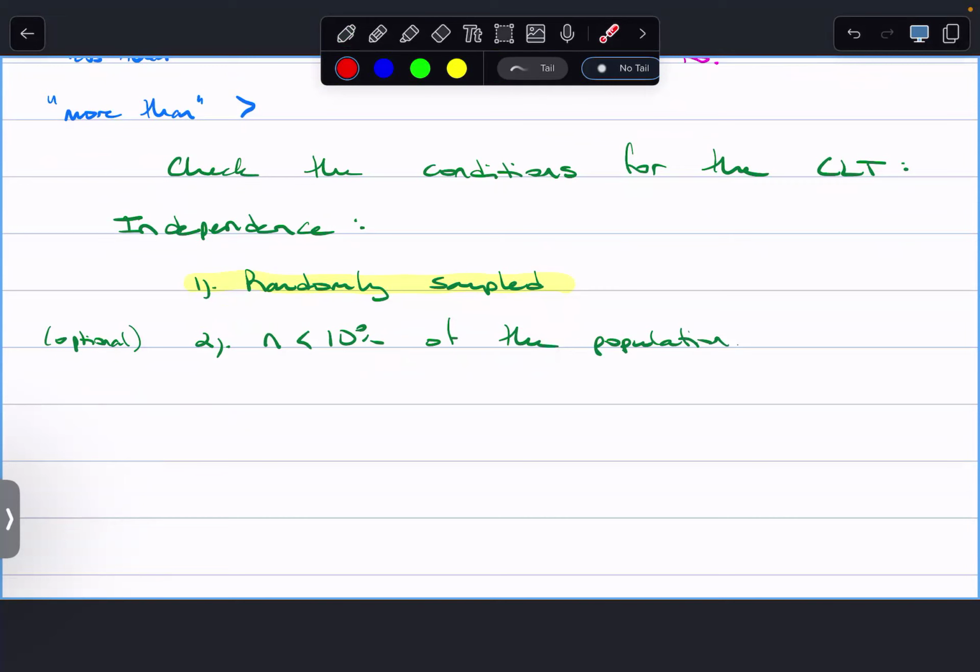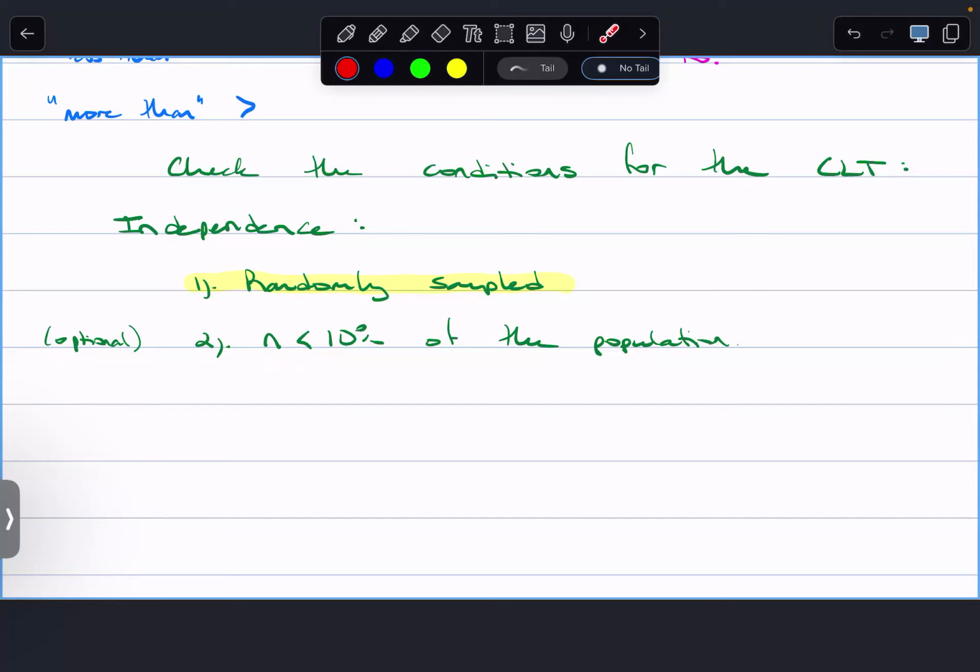I don't know, but I imagine that there would be. And so what you want to be careful about is that you don't sample too much of the population, which is counterintuitive, because we know large samples are good. But if we've sampled more than 10% of the population, then we start to introduce non-independence.